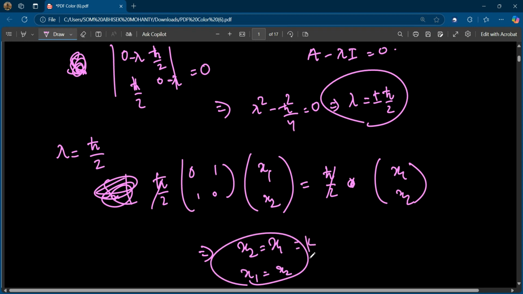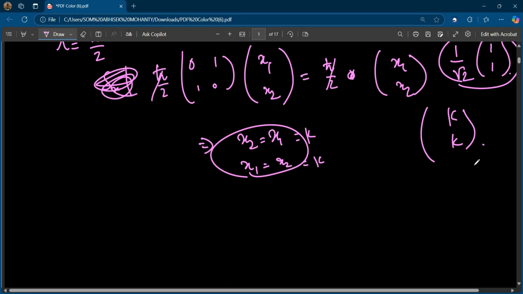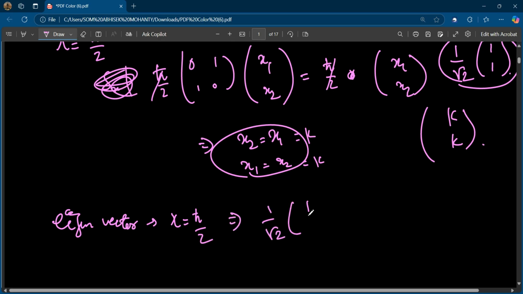If we take it as k, k can be taken out, and we get k times (1, 1). This is the eigenvector, and if we normalize it, it will be 1 by root 2 times (1, 1). So the eigenvector corresponding to lambda h cut by 2 is 1 by root 2 times (1, 1).